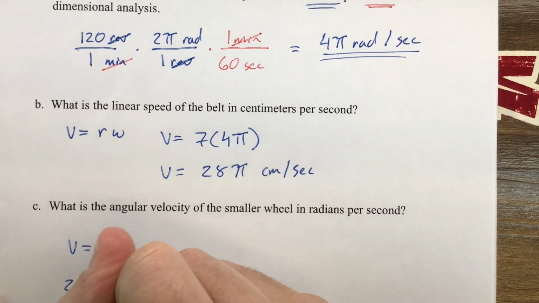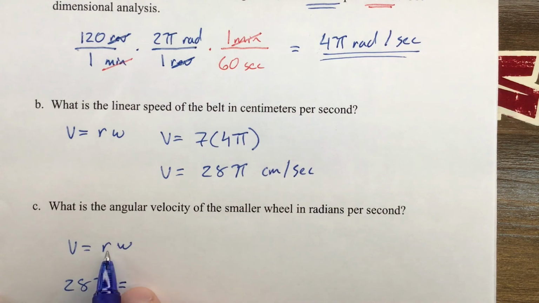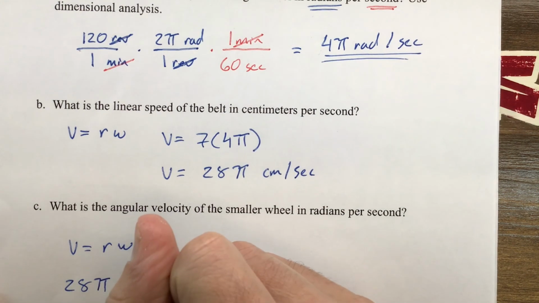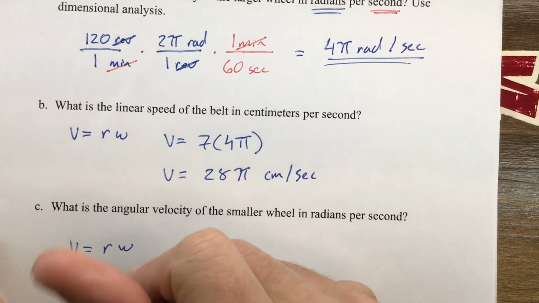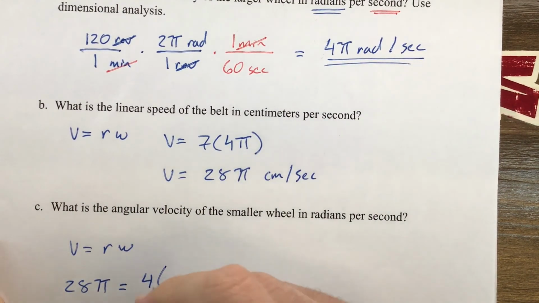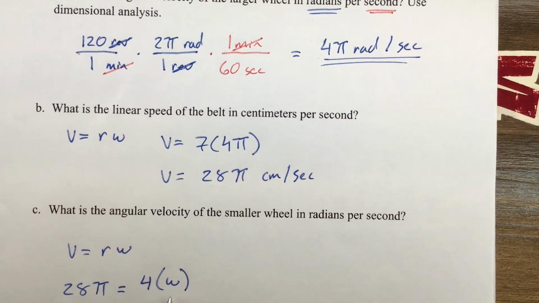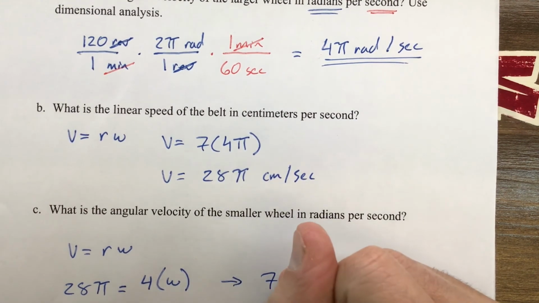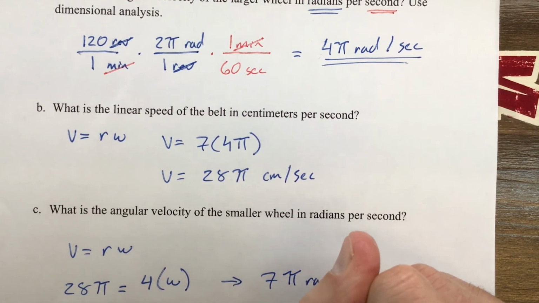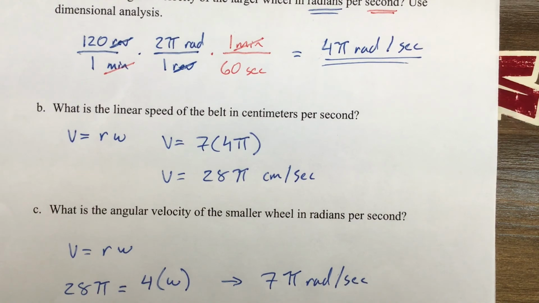So we'll set that equal to the radius of the little one, which is 4 centimeters, and then multiply that by omega. That would be our unknown there, omega. So if we divide 28 pi by 4, we're going to get 7 pi radians per second. And that is it.